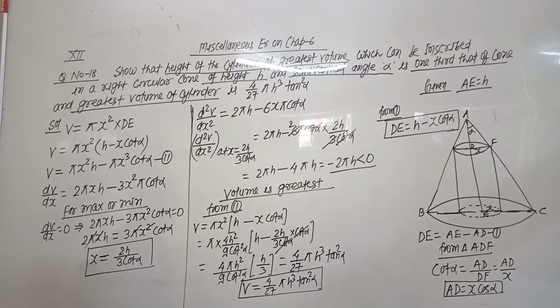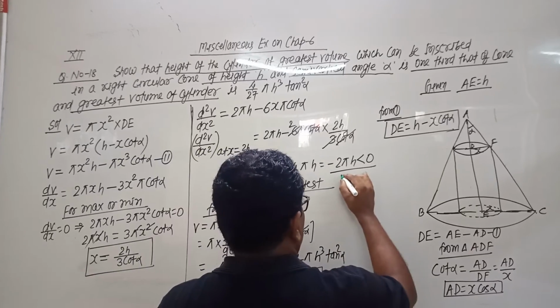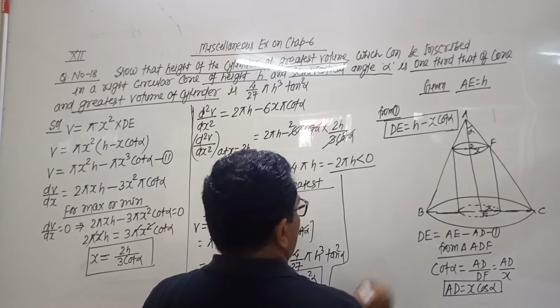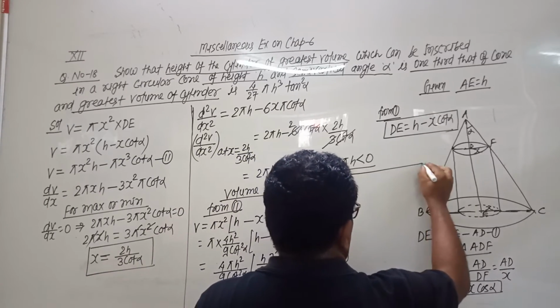Now we have to show that the height of the cylinder is 1/3 of the height of the cone.